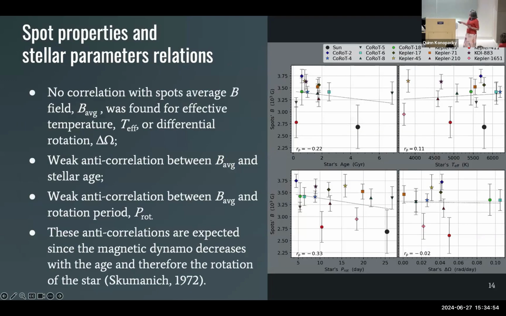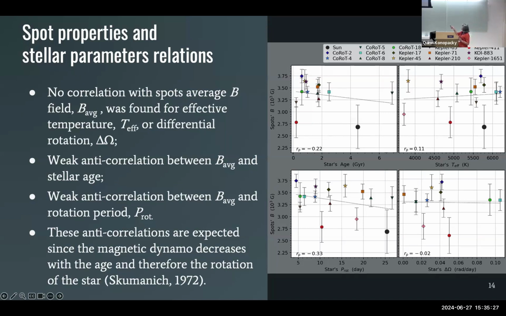And here, just very briefly, we try to correlate with stellar parameters. On the y-axis is always the star spots' magnetic field in kilogauss. Here is the stellar effective temperature and the rotational shear, magnetic shear, I'm sorry, delta omega. We see basically no correlation with those stellar parameters.